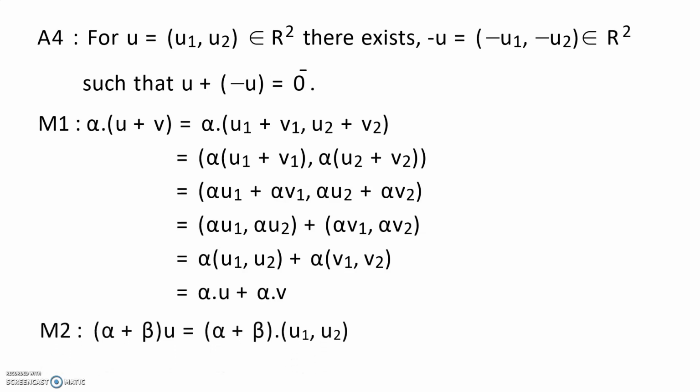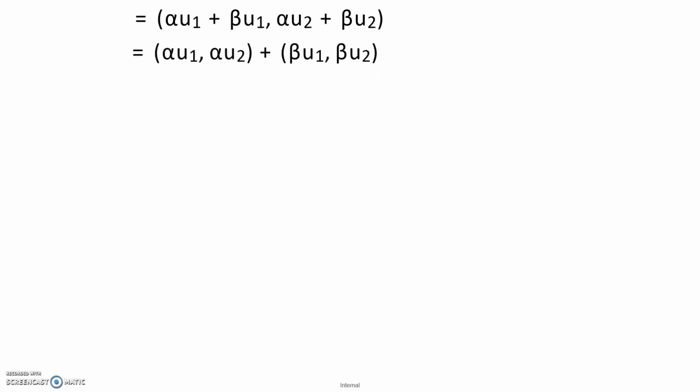Now for M2, alpha plus beta into u is equal to alpha plus beta into u1 comma u2. Multiply alpha plus beta to each coordinate, and hence we get alpha plus beta into u1 comma alpha plus beta into u2, which is equal to alpha u1 plus beta u1 comma alpha u2 plus beta u2, and here it is equal to alpha u1 comma alpha u2 plus beta u1 comma beta u2.